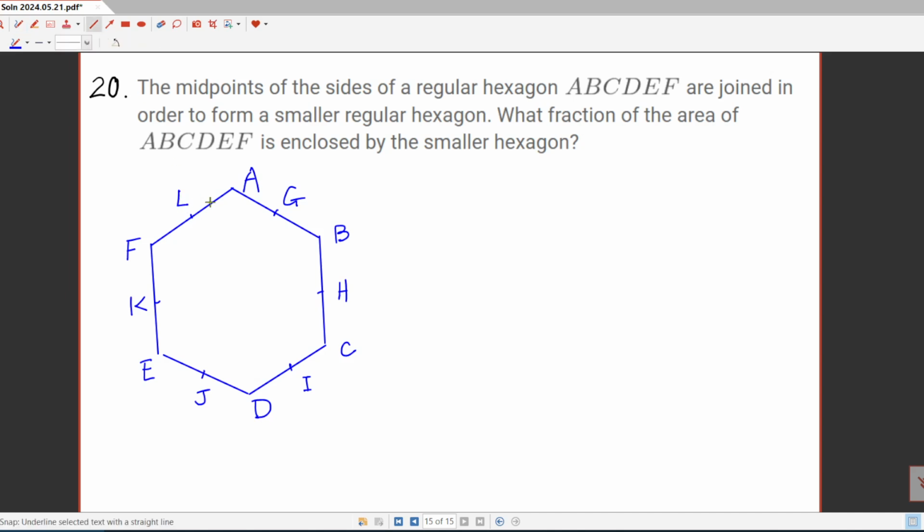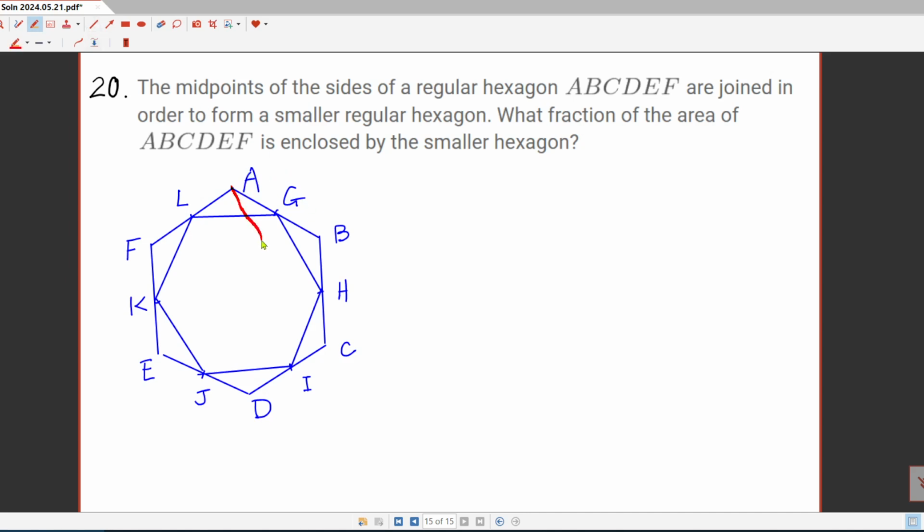And we need to connect these points to form a smaller new hexagon. And we need to find the fraction of the area ABCDEF taken up by the smaller hexagon inside. Okay, so from the previous question, we know that we can easily find the ratio involving triangle ABC.